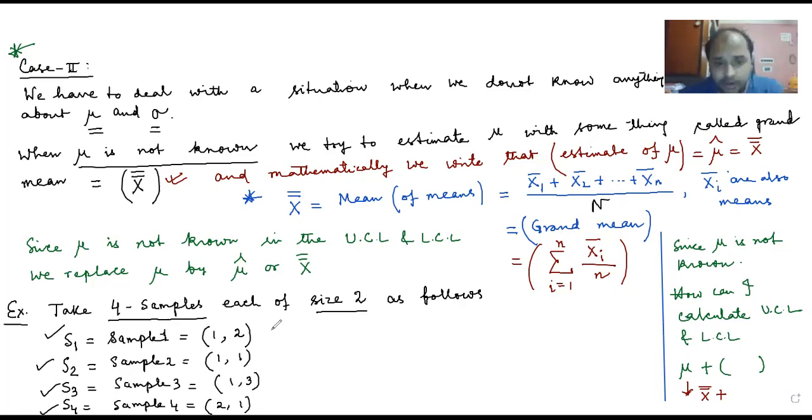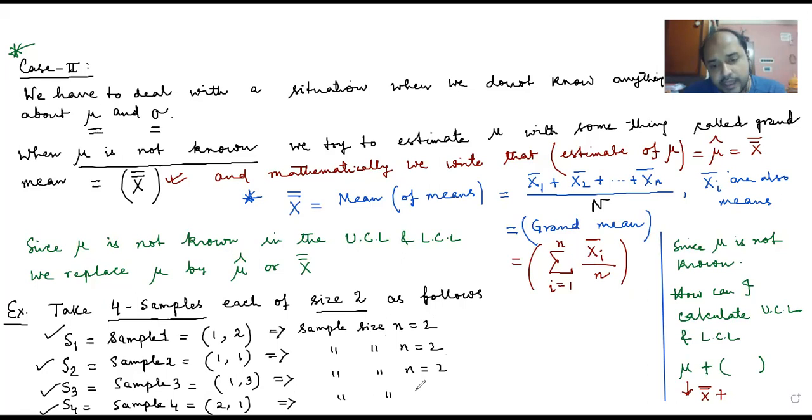Because in this case the sample size small n is 2. Here also the sample size small n is 2, here also, and here also.